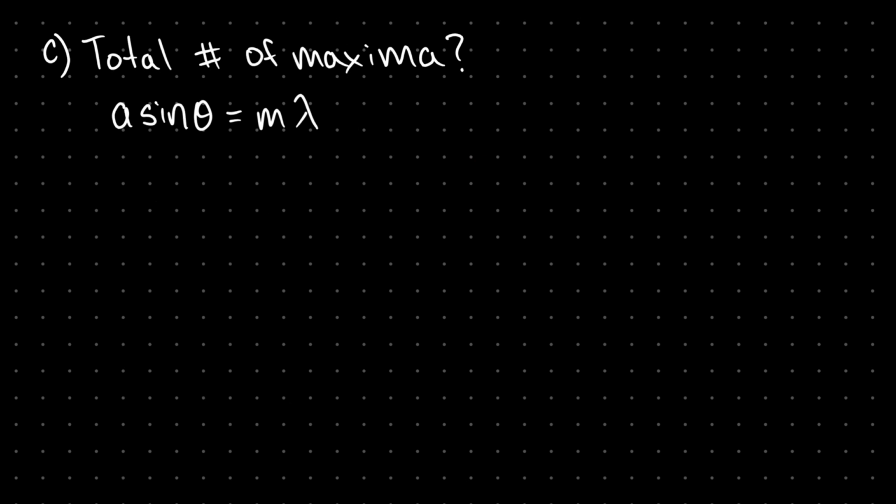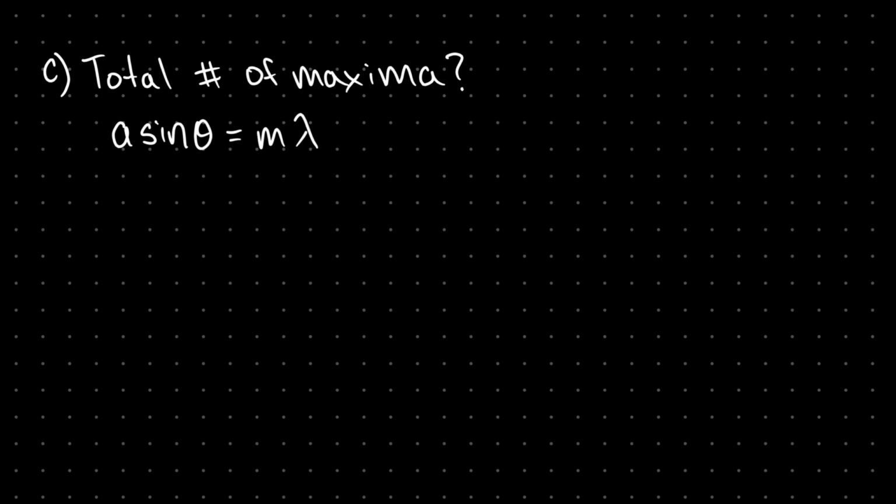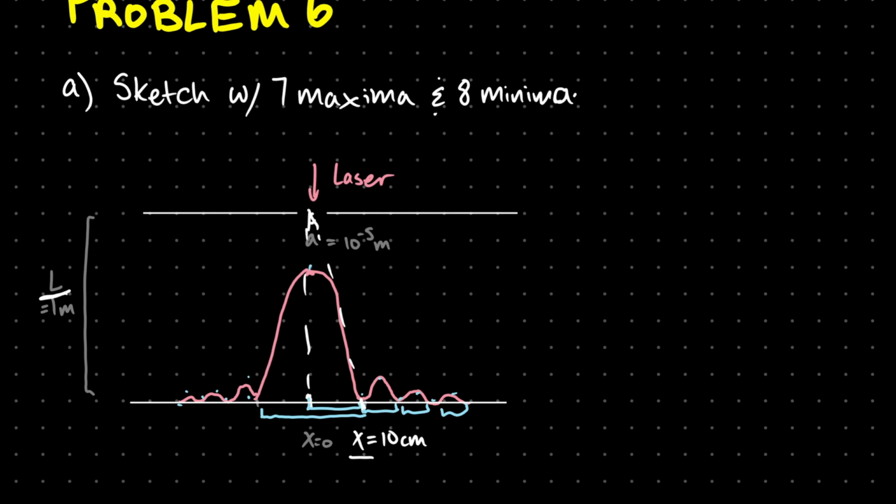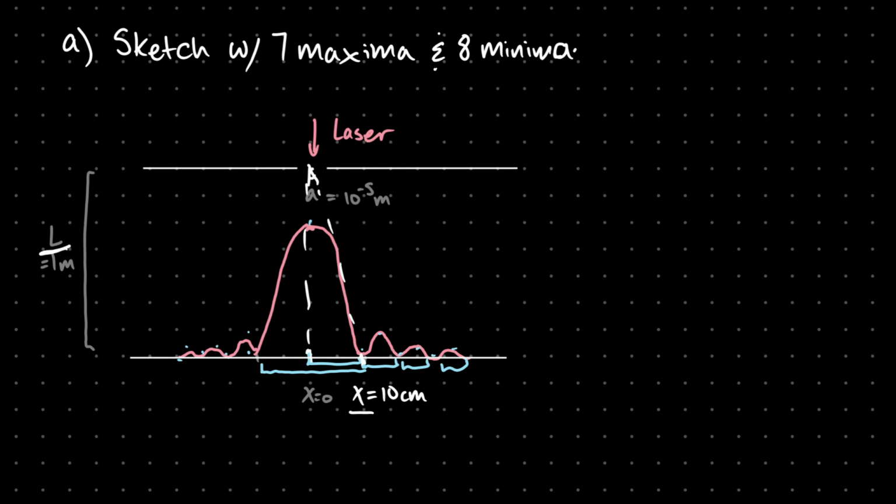All right, so this next problem is a bit of a curveball, because it's asking us what is the total number of maxima that we can see. So right off the bat, let's consider what will determine the number of maxima that we have. If we even look just at our first drawing right here, we know that there is going to be one extra minimum compared to the number of maxima on this side of the screen.